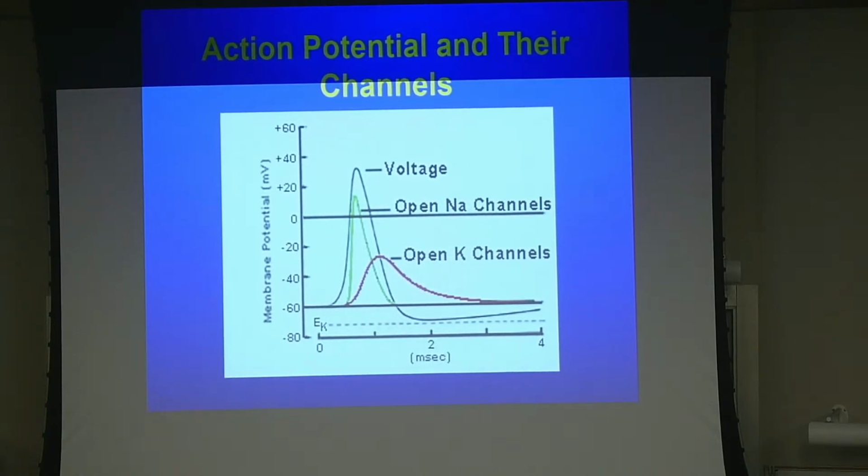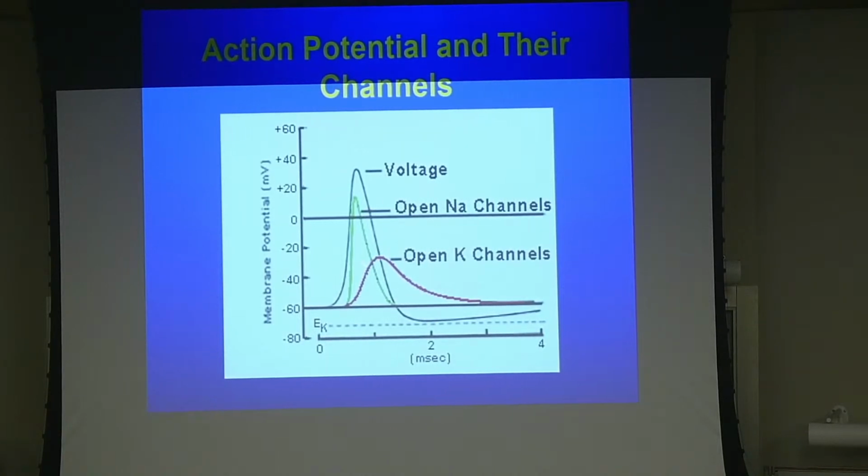Well, why is that? The answer resides in that red line, the permeability to potassium. During this period of time where we're approaching the equilibrium potential for potassium, the potassium channels are open. So they're driving the membrane potential toward the equilibrium potential for potassium.